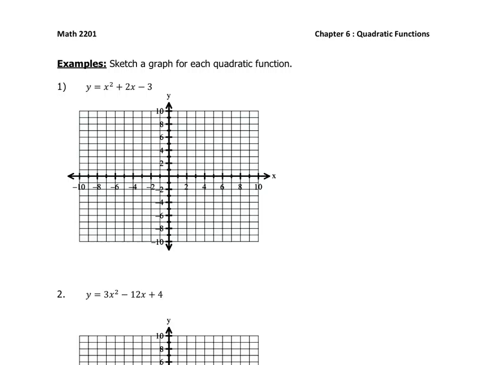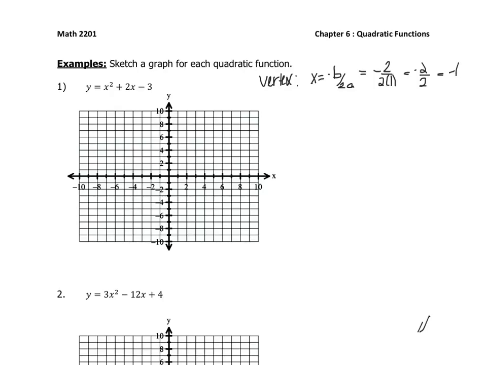So the first one here is given in standard form. If we want to find the vertex, we would use our negative b over 2a again. In this case, the b is 2 and the a is 1, so that would be negative 2 over 2, which is negative 1.